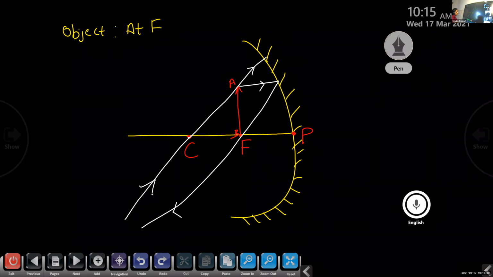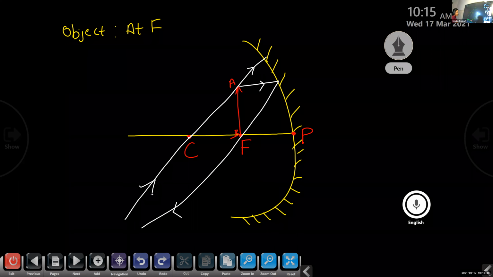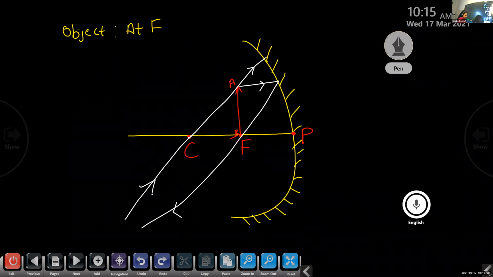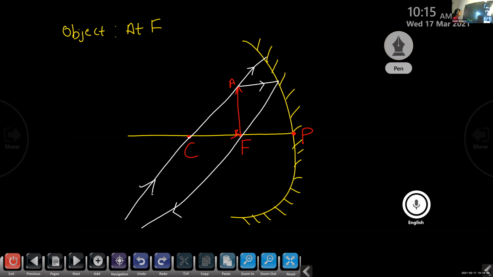And in this case, where do we get the image? In the fifth case, if the object is placed at focus, where do we get the image? Yes, at infinity. So we cannot mark it, because it is obtained at infinity. You just denote it with dotted lines, because we don't know where the image is formed.